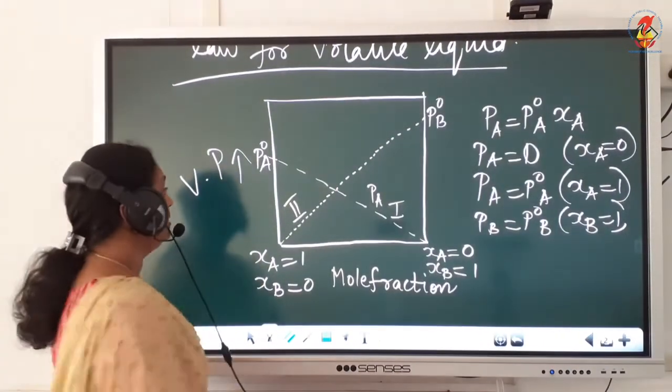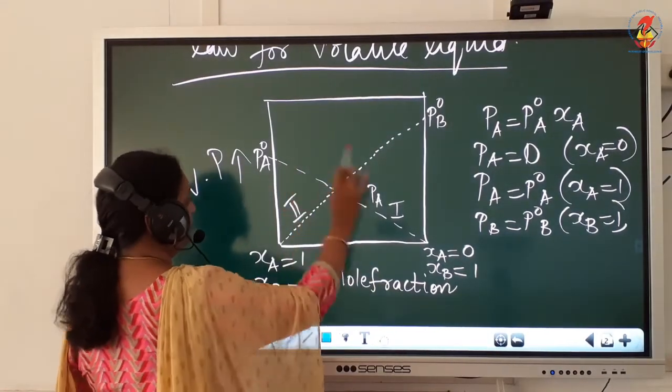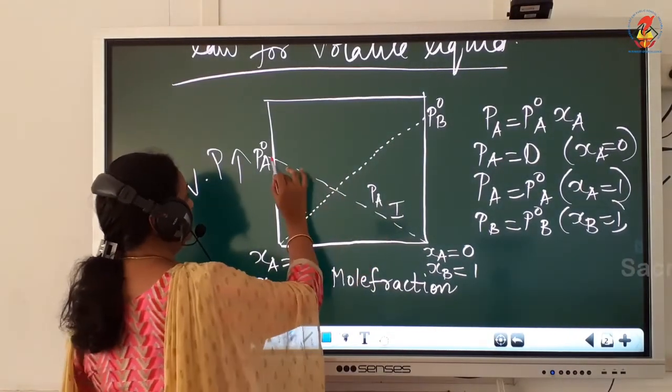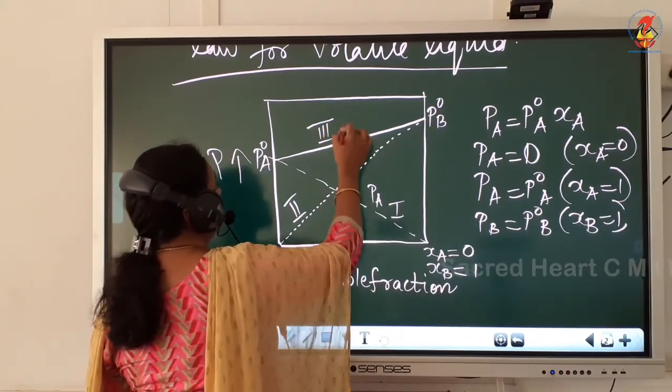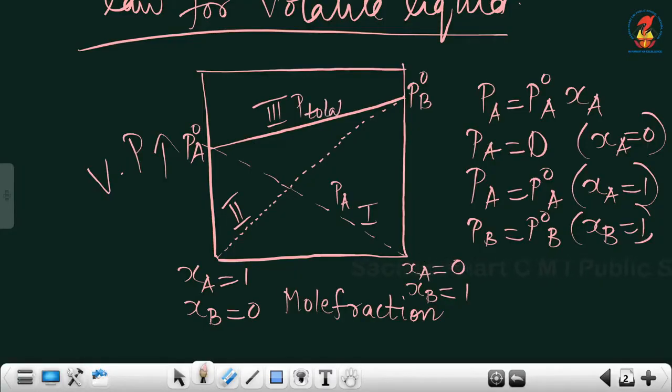And the total vapor pressure of the solution is denoted by this solid line, line number 3. This represents P total, which is equal to PA plus PB.